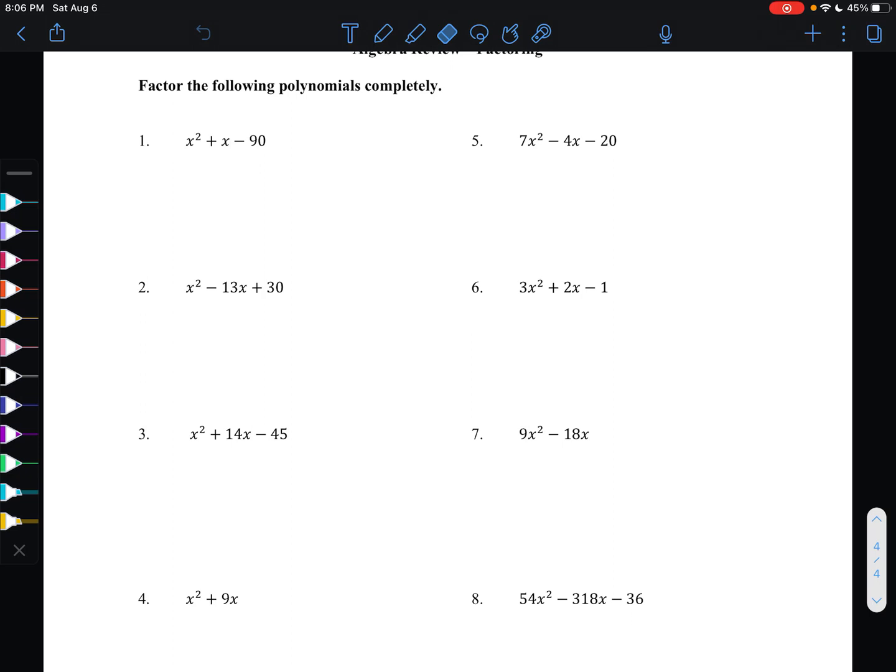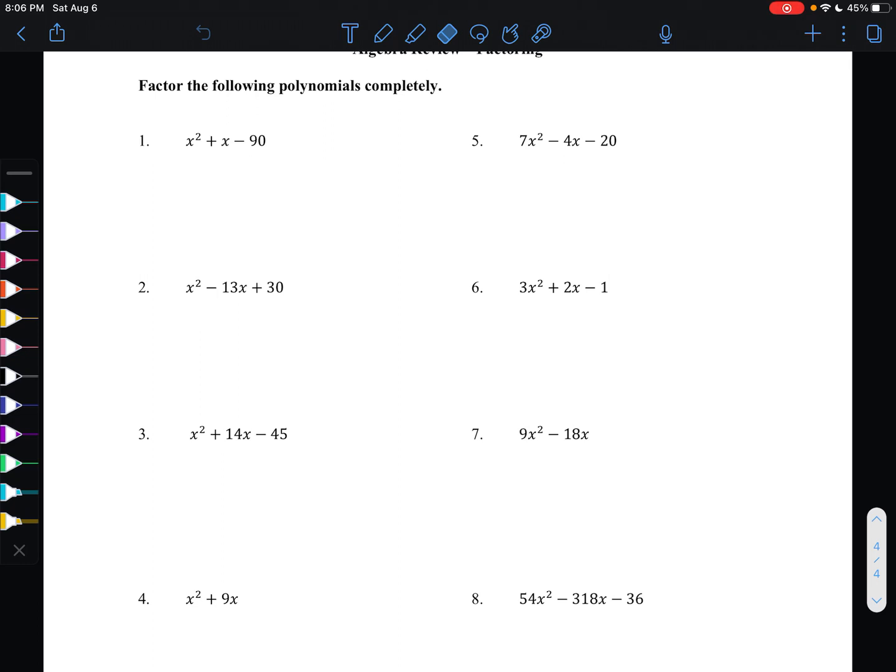You're still going to do the same thing for 1, 2, 3 as you're going to do for 5, 6, and 8. It's just going to look a little bit different because there's a bigger number in front for the right half, and it doesn't look like there's anything in front for the left half, but there really is.